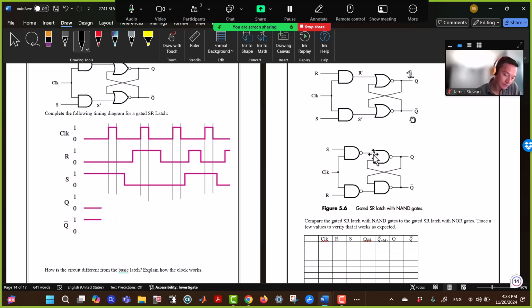So Q old is 1 and Q bar old is 0. And that would mean that 1 is the input here, and 0 is the input right here.